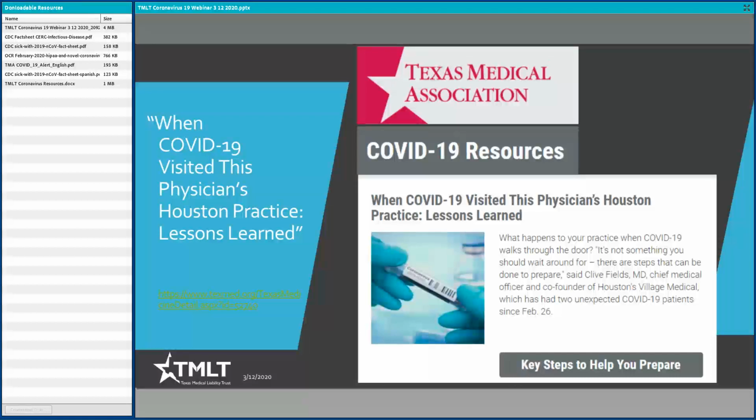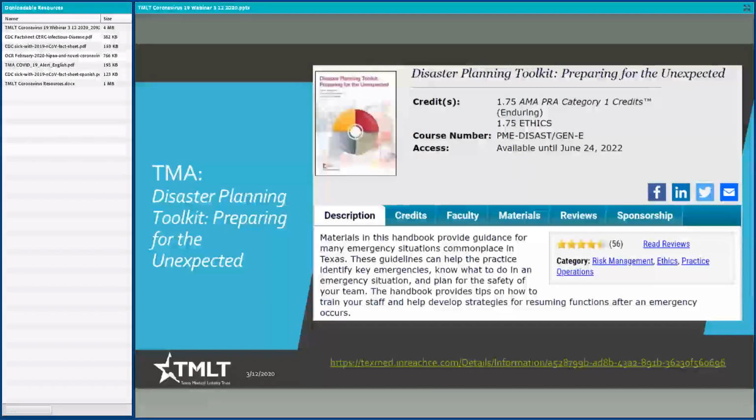There is a really good article to help you prepare on the TMA website: When COVID-19 Visited This Physician's Houston Practice: Lessons Learned. As we know, the first cases of coronavirus disease were diagnosed in the greater Houston area.